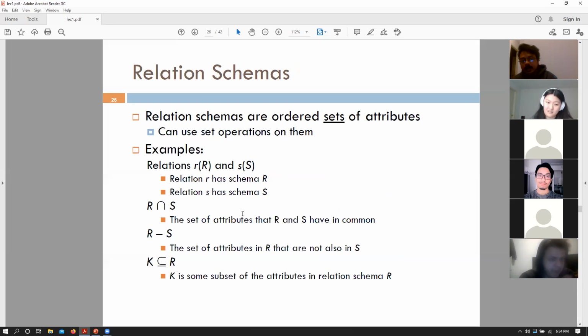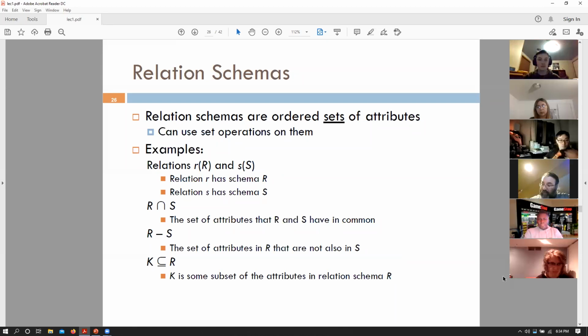Okay. Now, relation schemas are basically ordered sets of attributes, as we said. So if they are sets, that also means that we can use set operations on them, right? So what does it mean? We can have relations R, capital R. That means that R is a relation that is a member of this particular schema, capital R. And S is a relation that is a member of this particular schema, capital S. So relation R has a schema R, relation S has a schema S. Remember, the schema is just a blueprint of your database.